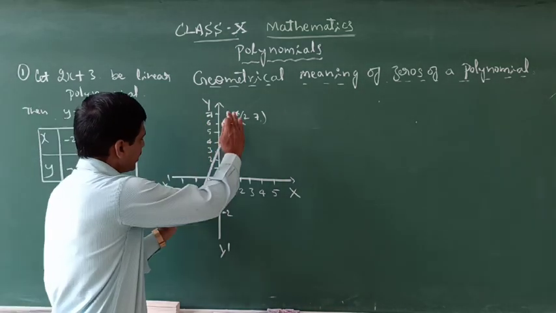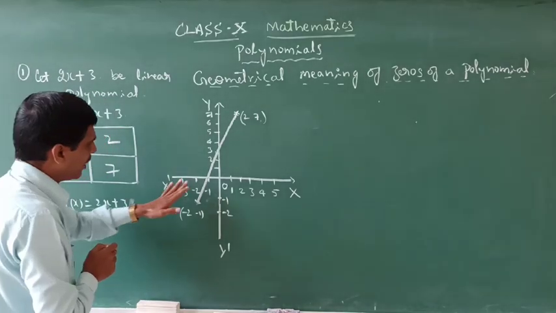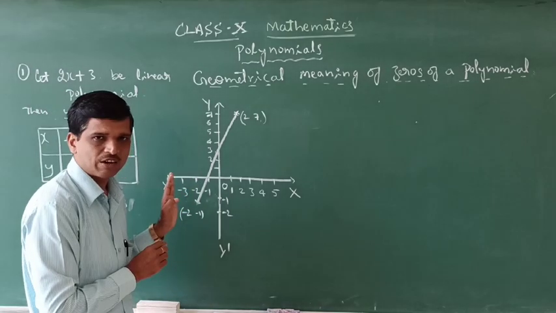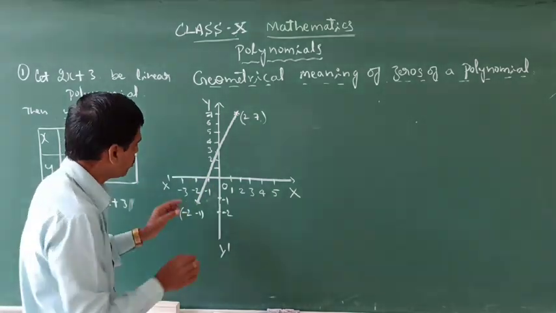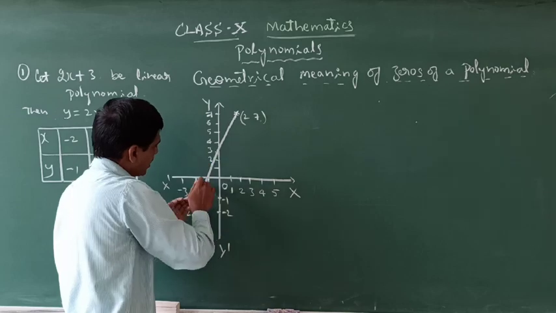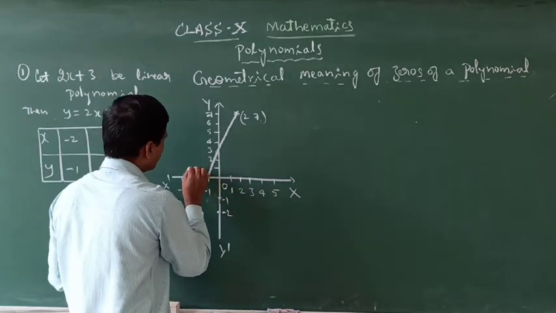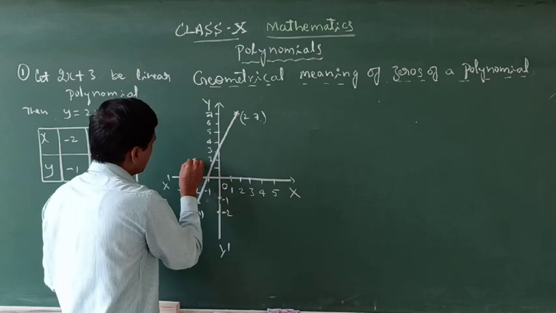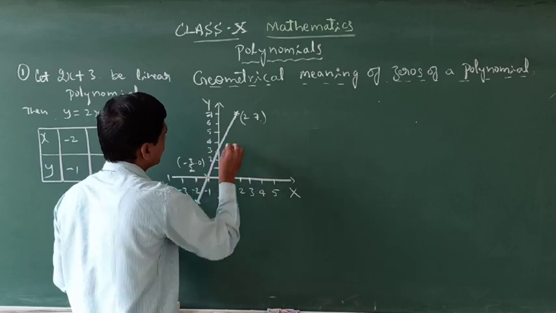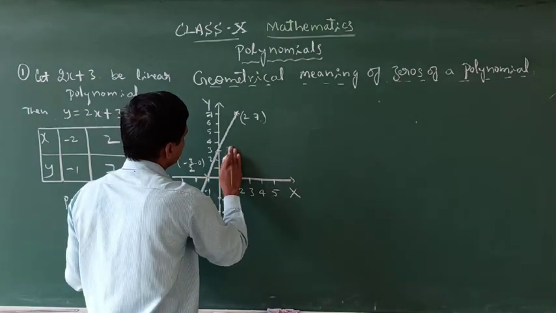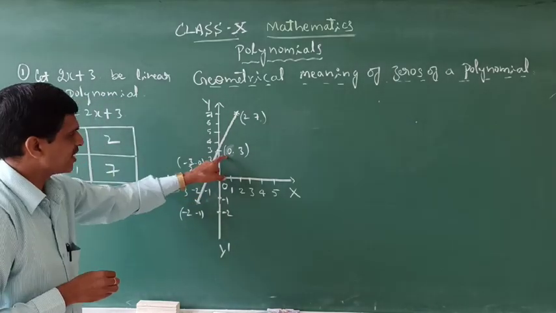Whenever this straight line comes, observe carefully where it exactly passes. Of course, I just imagine that one. In a graphical representation, it touches the x-axis and y-axis. Here it is minus 3 by 2, comma 0, and here it is 0, comma 3, because of the coordinates of x and y.